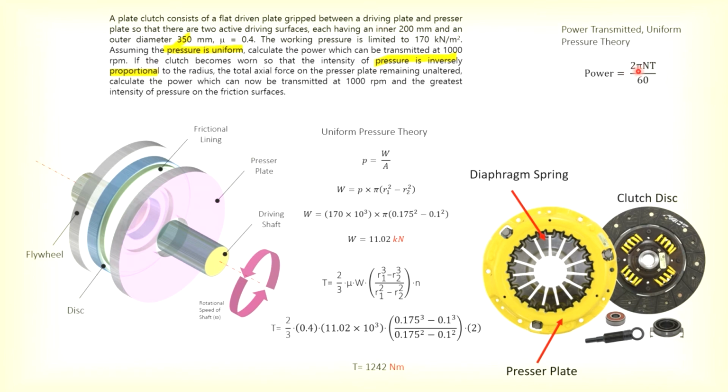So you multiply it by 2 pi, because one revolution is 2 pi radian, then divide by 60 because you are converting minutes to seconds. That will be your omega, the angular speed in radians per second, times the torque T. So the power would be equal to 130 kilowatt. That is under uniform pressure theory.